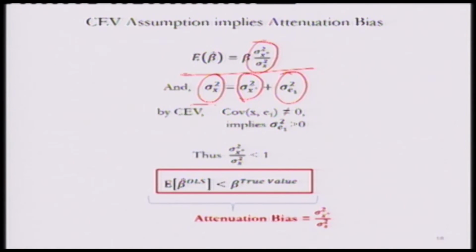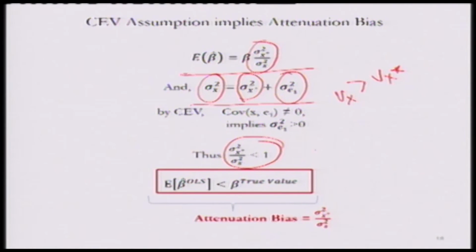Now, of course, from this you can say that the variance of x is actually greater than the variance of the true value of x, and hence what you have over here is that the denominator is greater than the numerator, and hence the whole term must be less than 1.